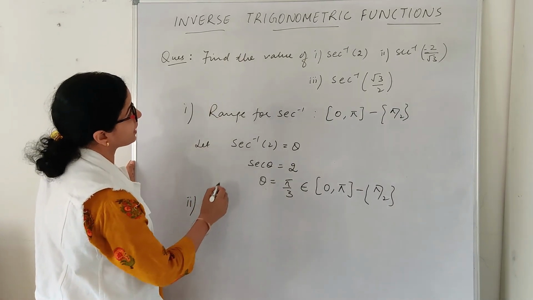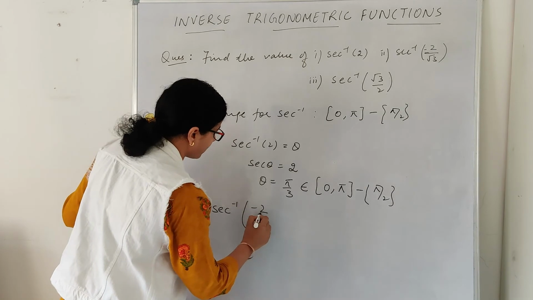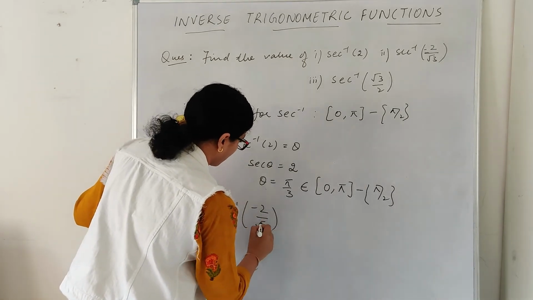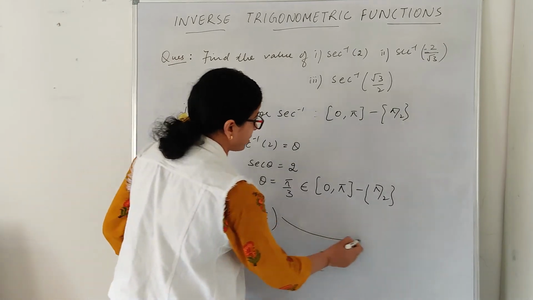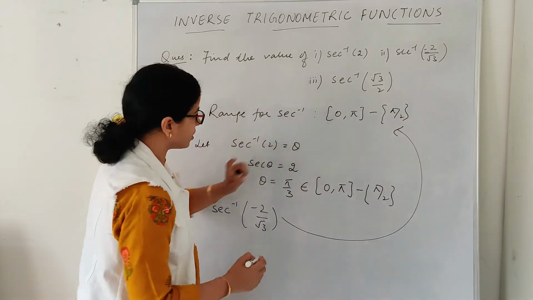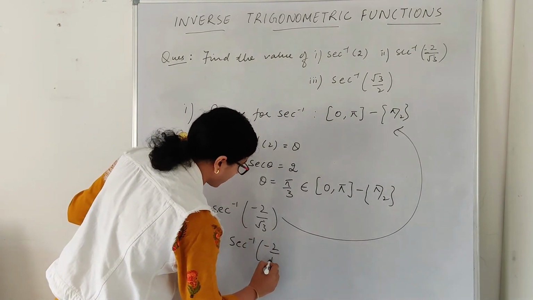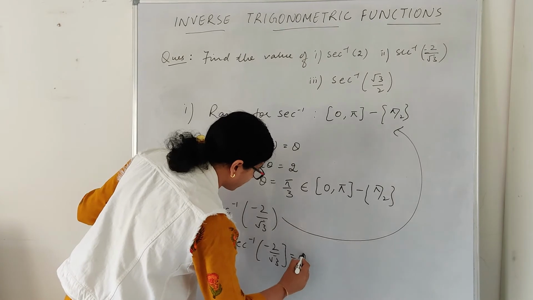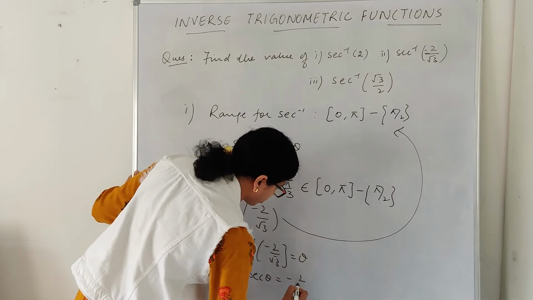So the next question is secant inverse minus 2 by root 3. Again, what should be my range? It means my theta should belong to this region. So secant inverse minus 2 by root 3 equals theta, so secant theta is equal to minus 2 by root 3.